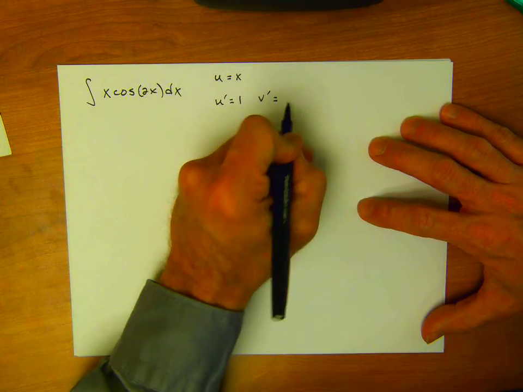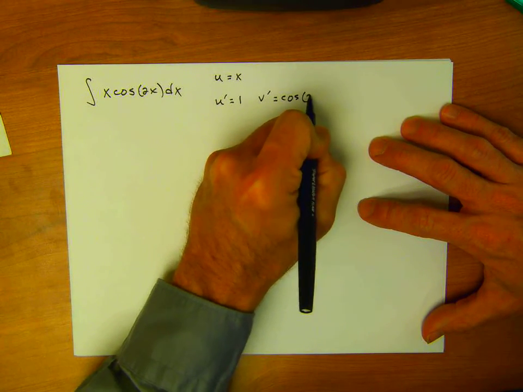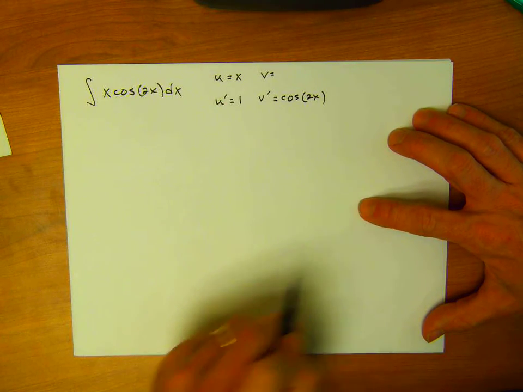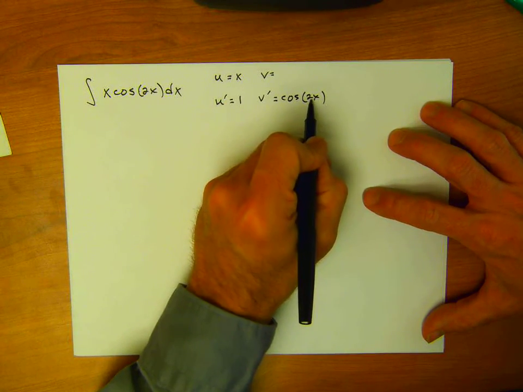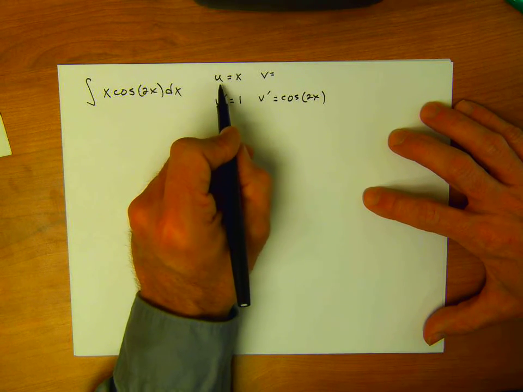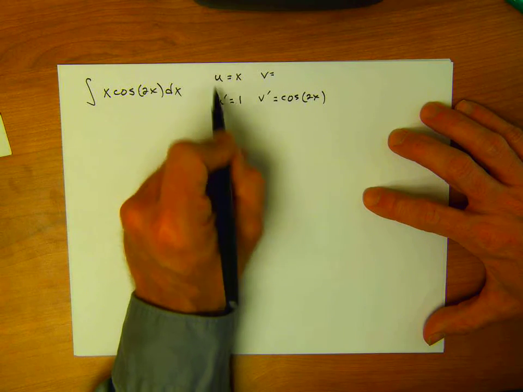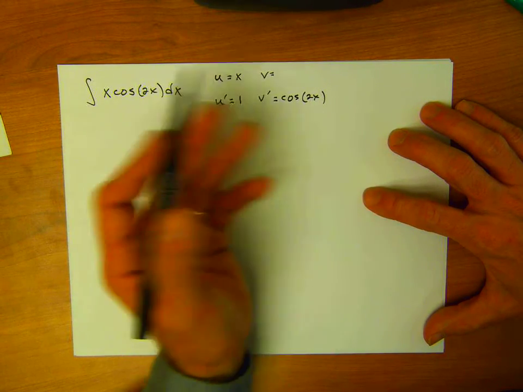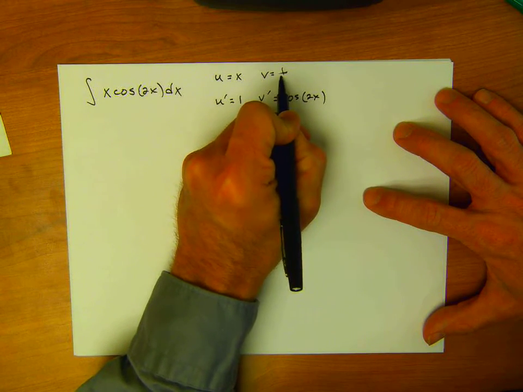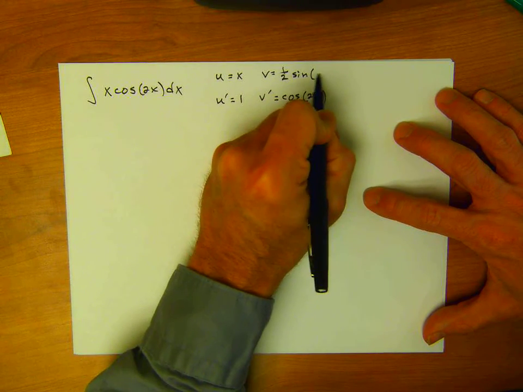And we said v prime is going to be cosine of 2x. So for the antiderivative, you could use u substitution here and let u equal 2x, although u is probably not a good choice since u is already taken here. Maybe we'll let it be t, but you already know that this is 1/2 sine of 2x.